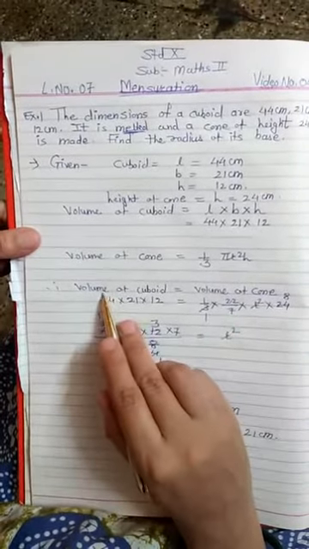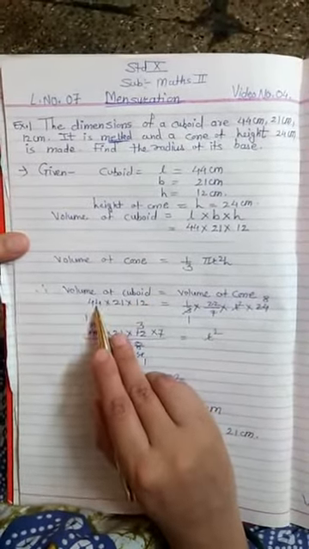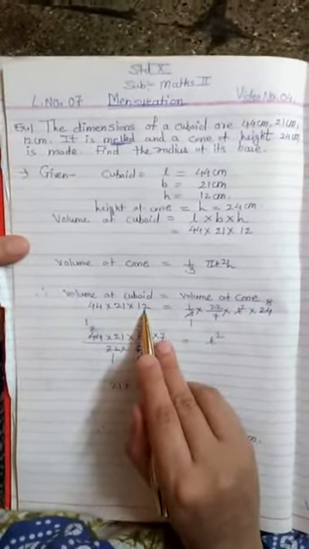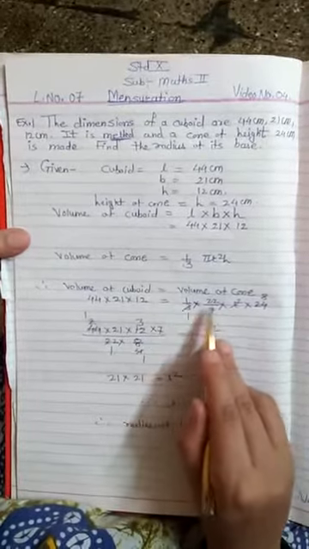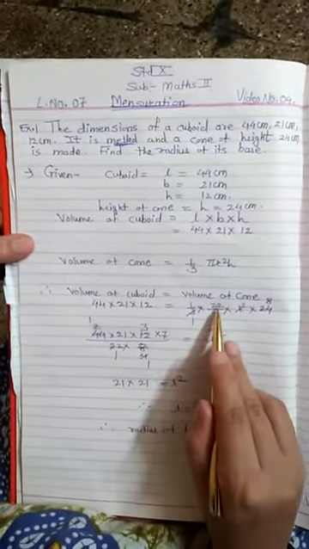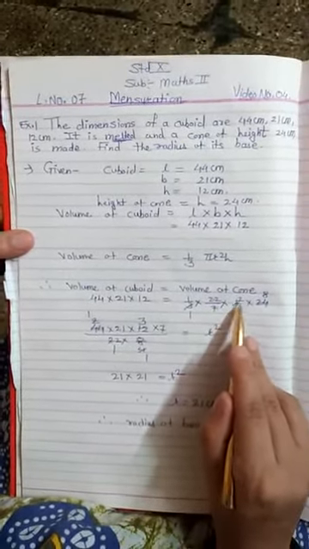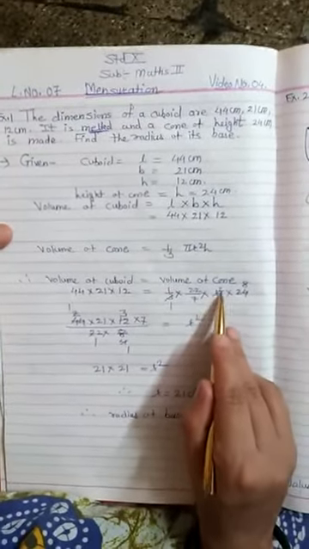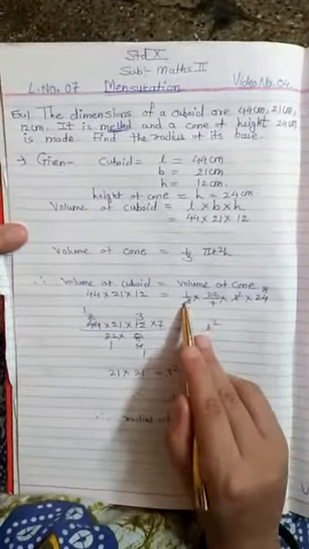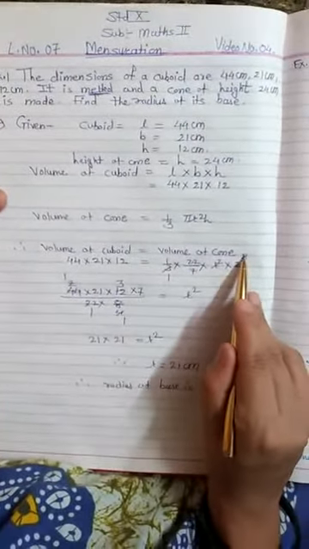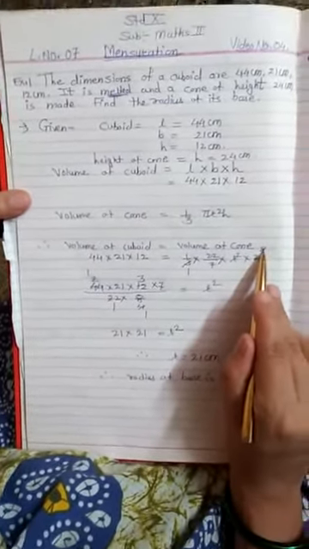So substitute this. Volume of cuboid, 44 into 21 into 12, is equal to volume of cone, 1 by 3 pi. Pi is 22 by 7, r square as it is, as its value is not known, into height 24. So 3 ones are 3, 3 8s are 24.